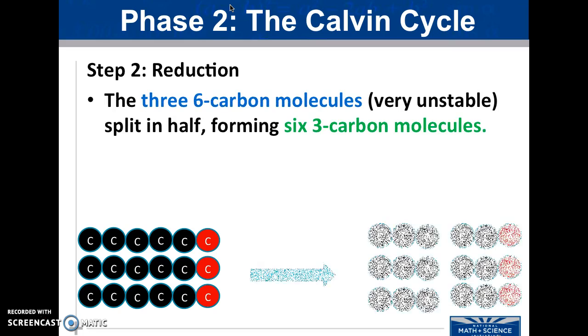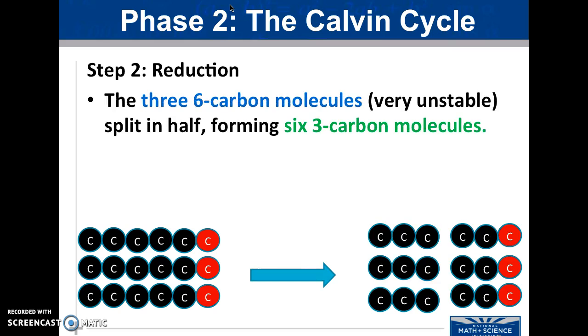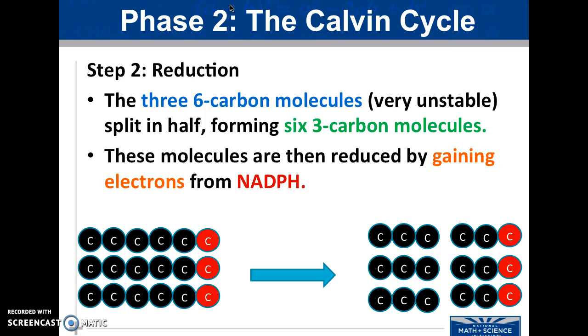Then we have the reduction step. These 3 6-carbon molecules are really unstable, so they split in half, forming 6 3-carbon molecules. These molecules are reduced by gaining electrons from NADPH. And so when I go from my 3 to my 6 molecules, NADPH loses its hydrogen, releasing energy in electrons.